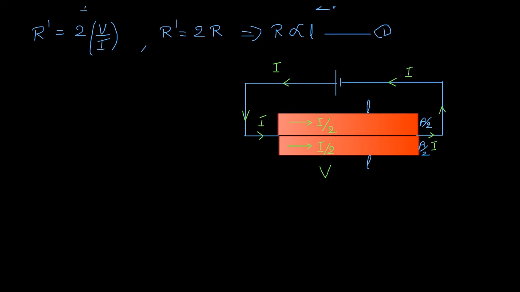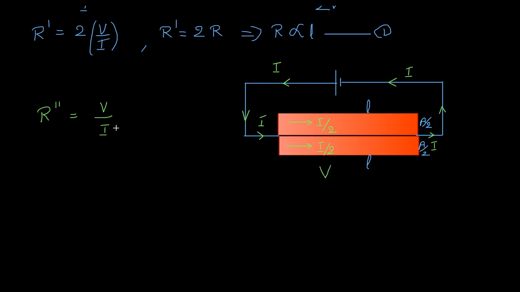Now what is the resistance of the combination? Let the resistance be R double dash, which is equal to potential difference divided by current.